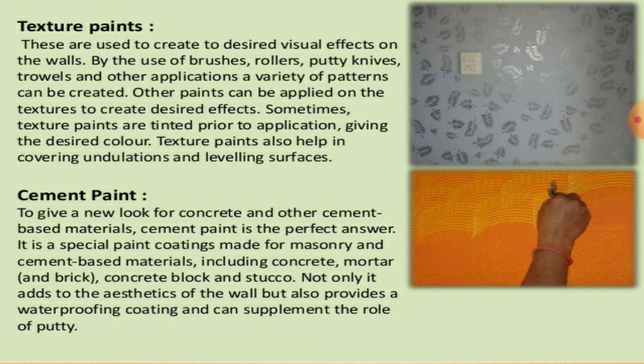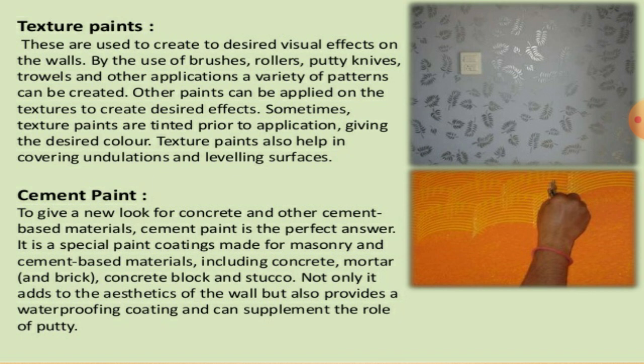Other paints can be applied on the textures to create the desired effects. Sometimes the texture paints are tinted prior to application, giving the desired colors. Texture paints also help in covering undulations and leveling surfaces. You can see in the above picture.